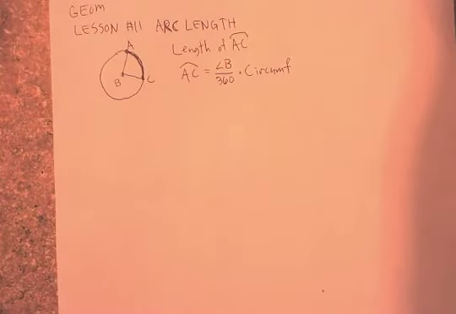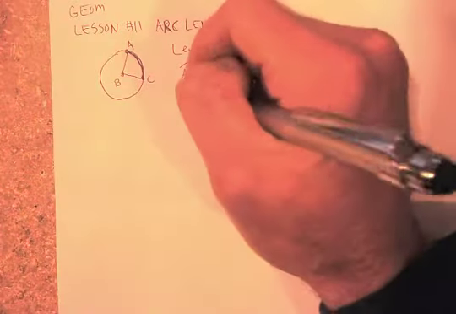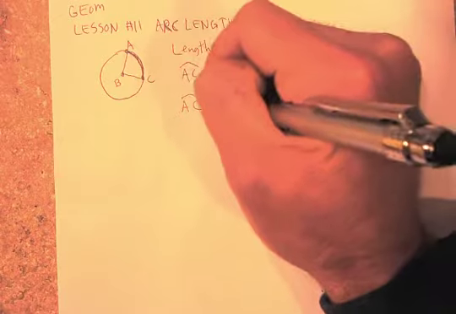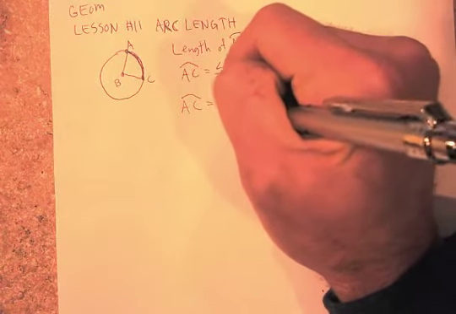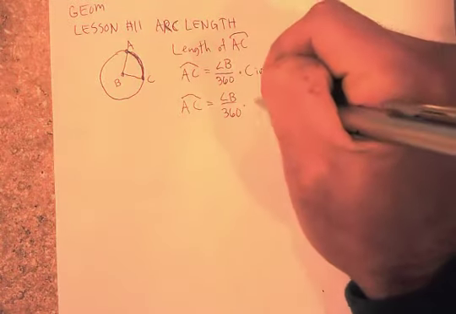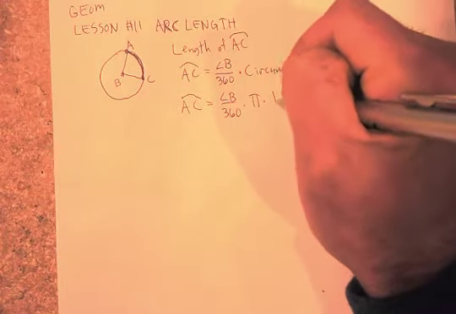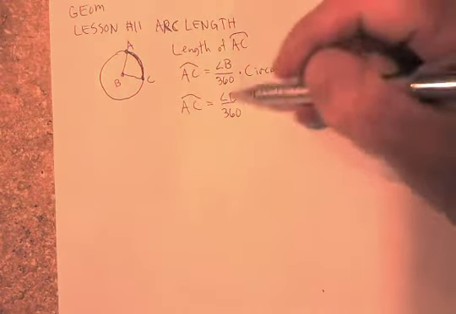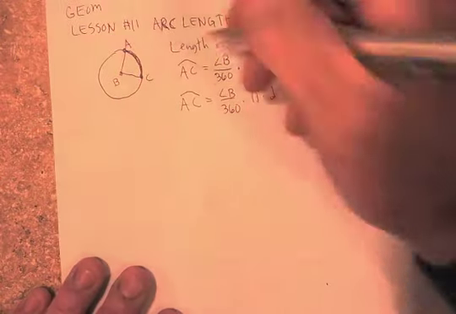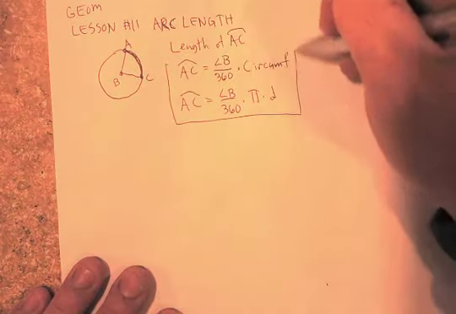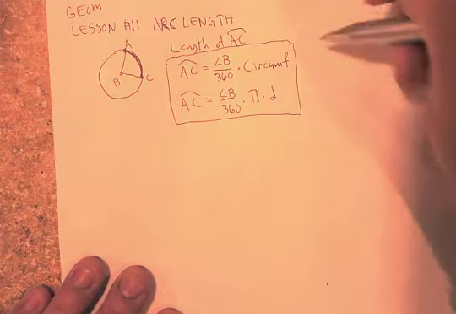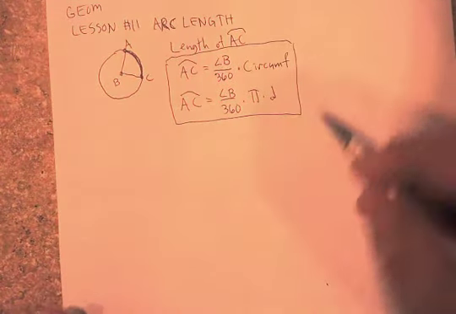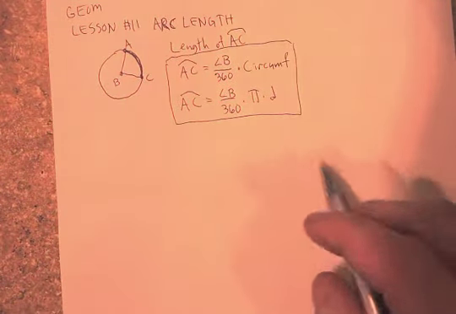Here's another way to look at it: angle B over 360. Remember, circumference is just pi times d. So some problems you just plug in the circumference, sometimes you plug into this. It's going to be one of these two formulas that you'll use on all these problems, which is really the same formula.